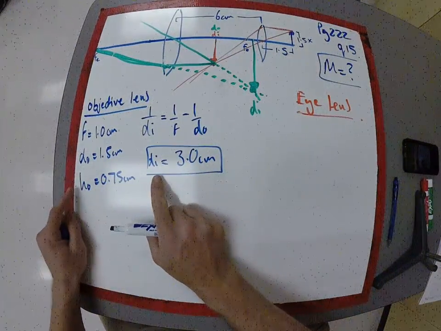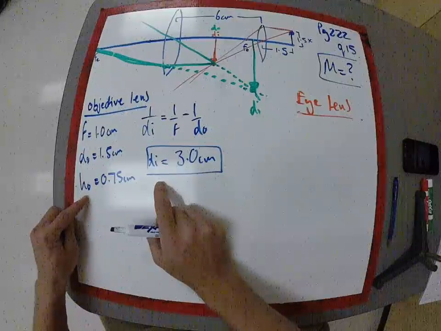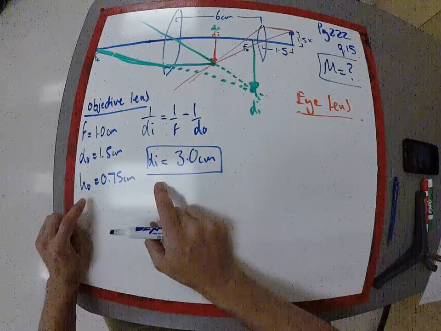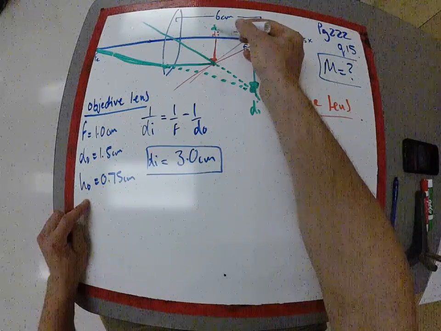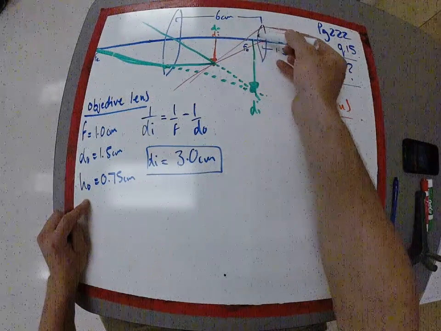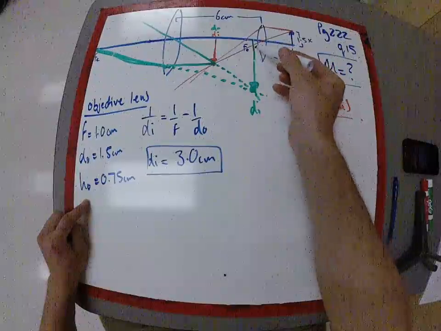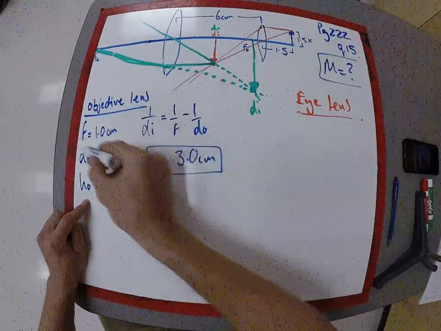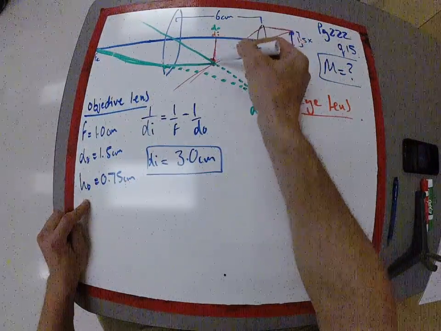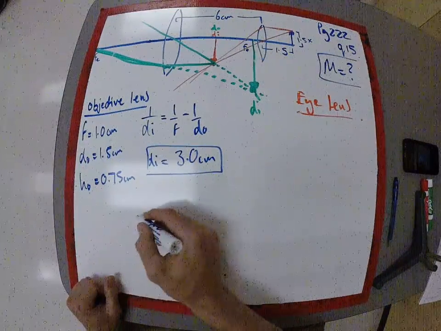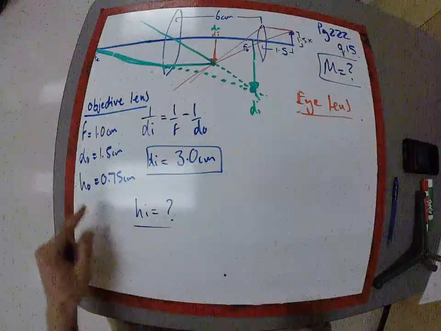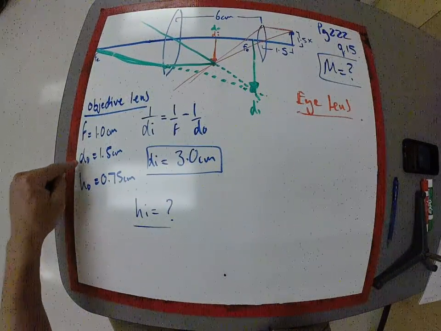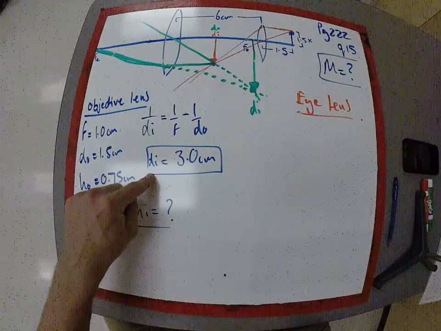Now I know my DI, I can work out the height of this image. Remember that we're talking about this red arrow being an image because it's been projected from the first lens. So in regards to the objective lens, this is an image. I can now work out the height of this image because I have my HO, I have my DO, and now I have my DI.